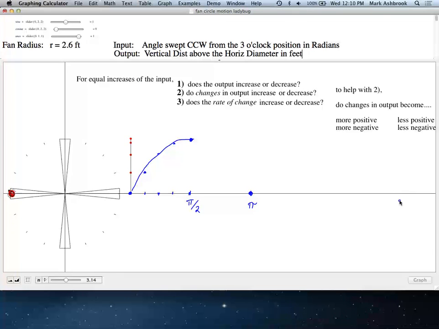So our input is on the horizontal axis here, and this is our angle, which we've defined very specifically up here. And then our vertical axis is the output, or the vertical distance above.